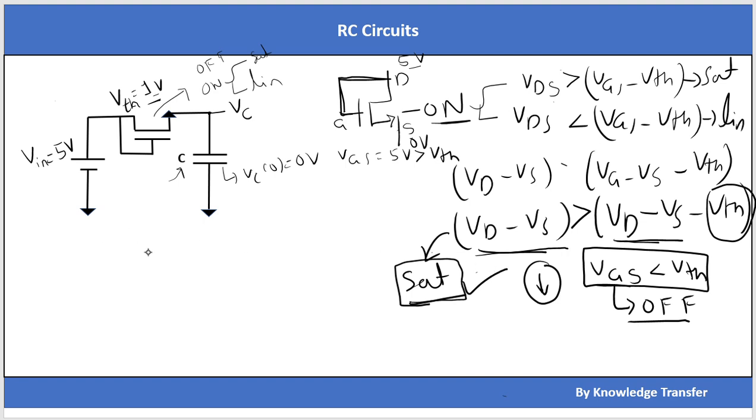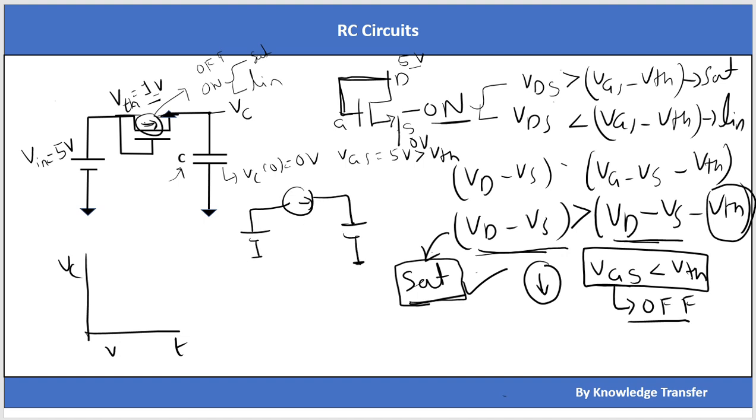Okay, so if I redraw the capacitor voltage, this is VC with respect to time. Because there is a constant current, I can replace this MOS with a constant current source. If I rewrite the circuit again, this is the voltage source, and the MOS is acting as a constant current source, and here there is a cap VC.